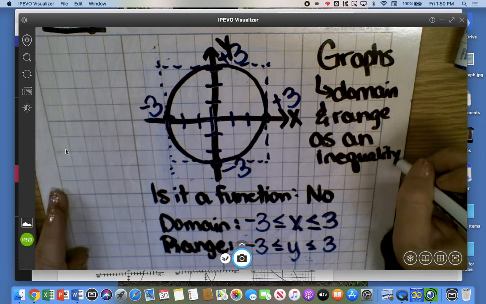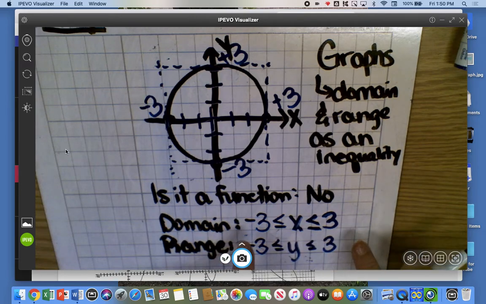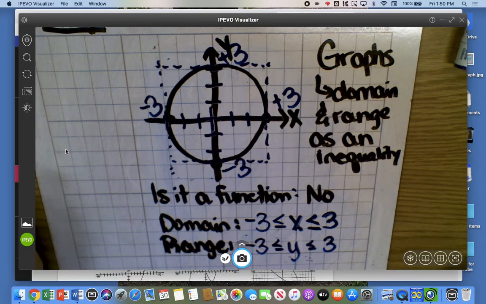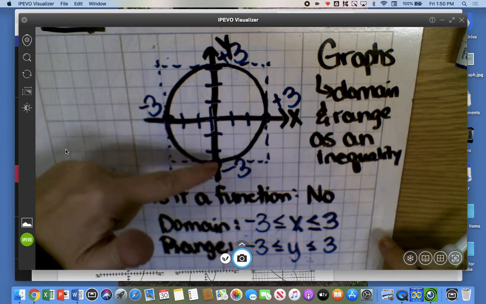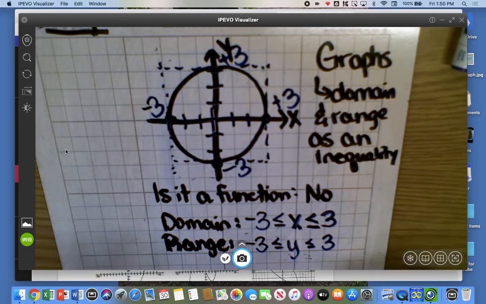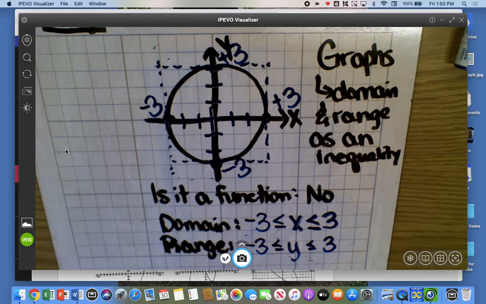And that just means where we're writing like the greater than, x is greater than this, less than this, y is greater than this, less than this. So it is an inequality. We're talking about a set of numbers. So we have x values on our domain all the way from -3 to +3, and on the y's we have coordinates all the way from -3 to +3. Nothing goes beyond 3. And that is why our domain and range is set that way.